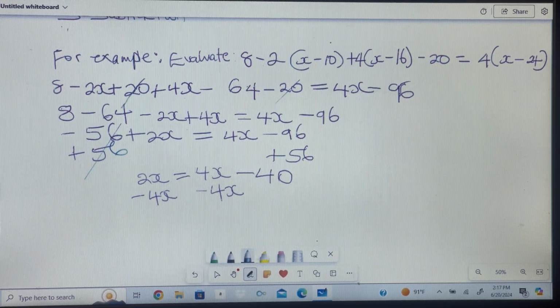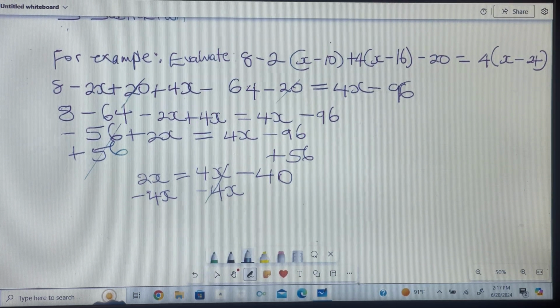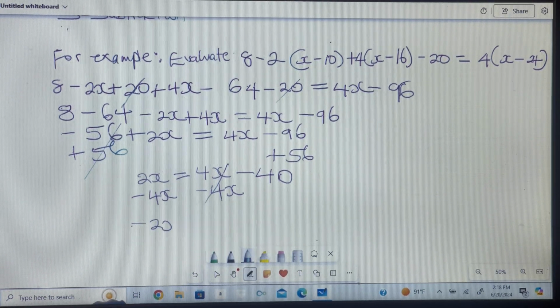So this one cancels out. Then 2x minus 4x: keep the sign of the larger number, which is negative, since 4 is the larger number. Then 4 minus 2 is 2. Negative 2x will be equal to negative 40.